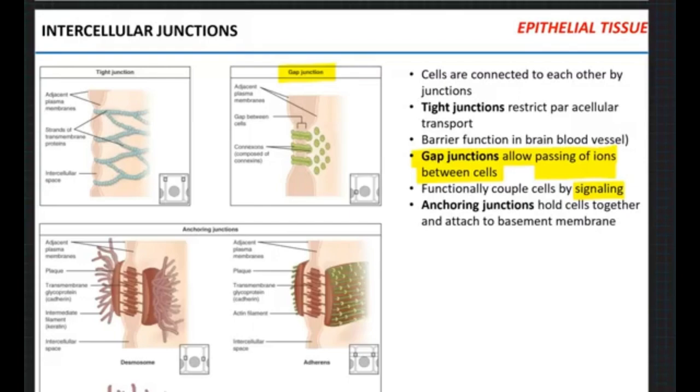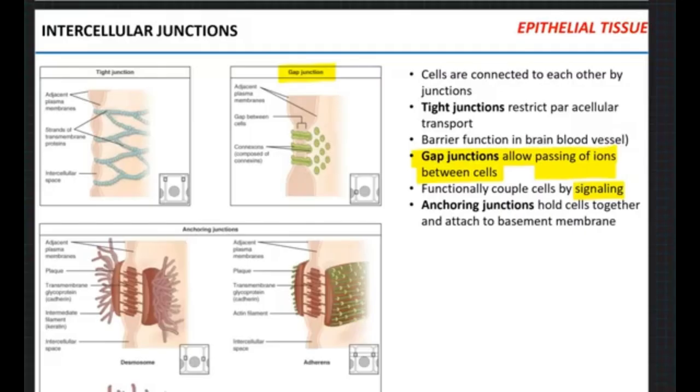And that person lets everybody know by communicating to them. It's faster for me. It does not require me sending everybody an individual email, something like that. Make sense? So you will see that cells that have to work together often are connected by gap junctions.